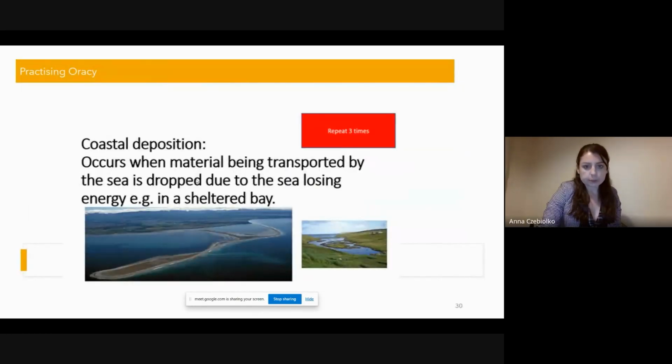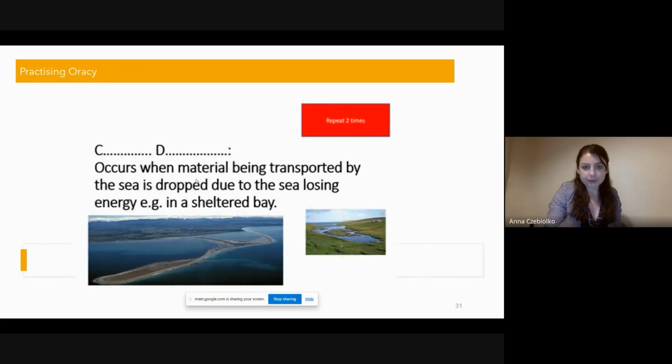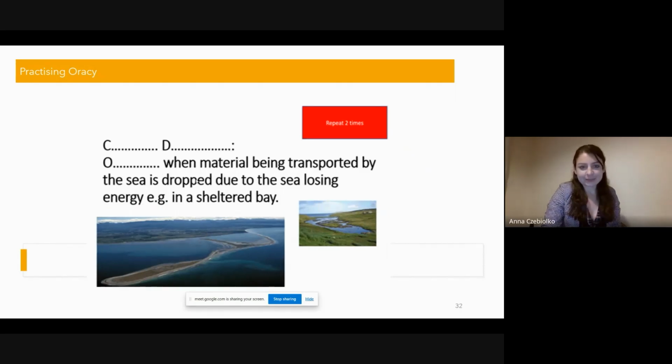So practicing oracy. So if we look at this definition here, the task is to repeat it 3 times. So we've got the definition, we've got pictures, so we get our students to repeat it loudly. And the next step is to repeat it again. And when they said it 2 times, repeat it again.